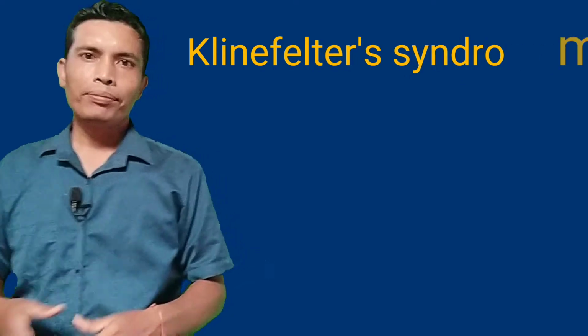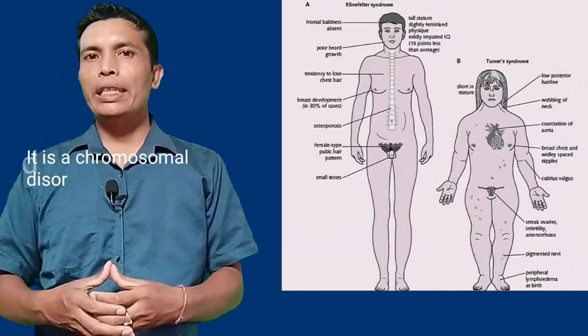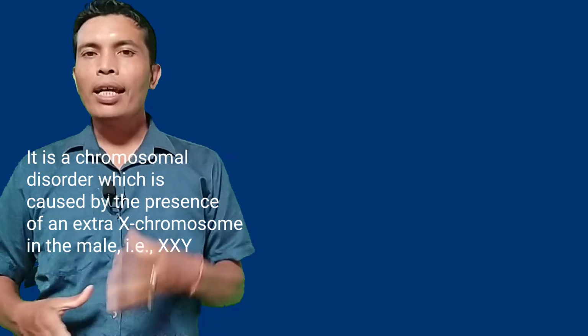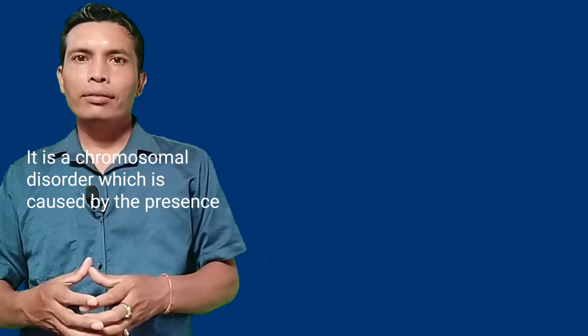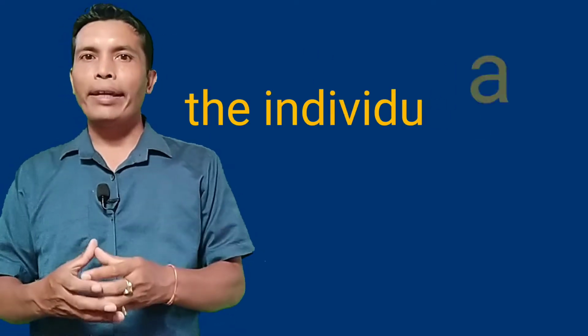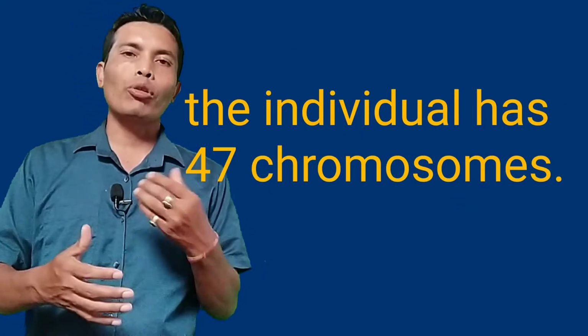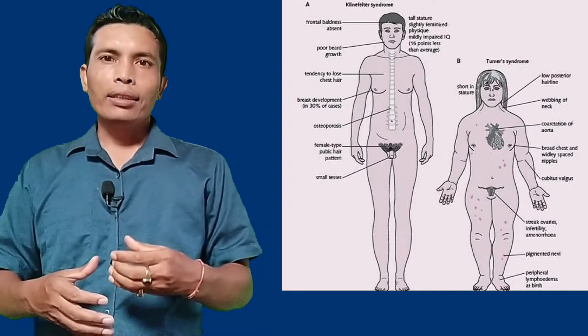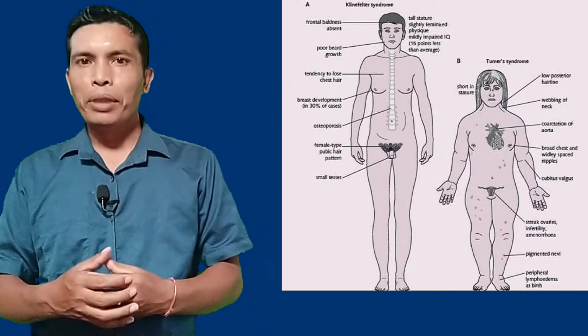Okay, now let us have Klinefelter syndrome. Klinefelter syndrome is a chromosomal disorder which is caused by the presence of an extra X chromosome in the male, that is XXY. The individual has 47 chromosomes. It is also one example of trisomy. Though the individual is male, he shows a number of feminine characters.